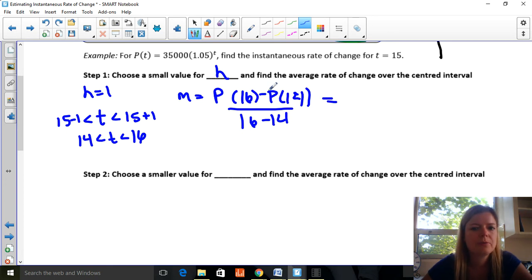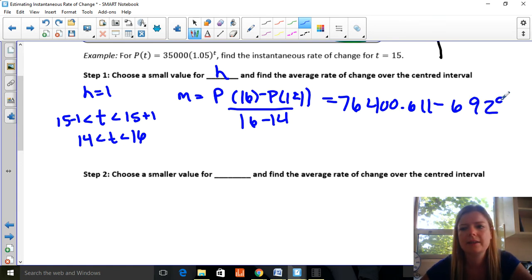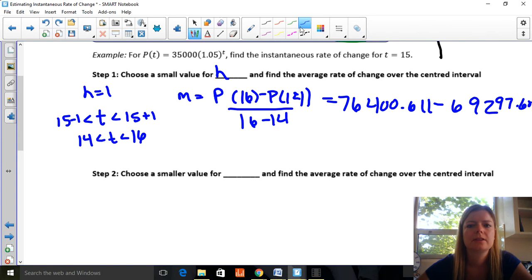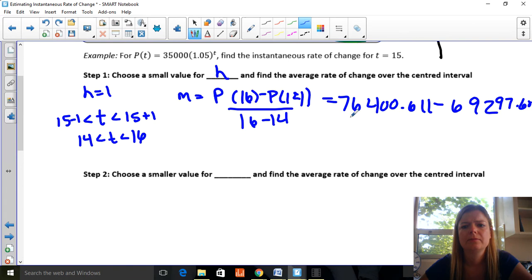When you put that into the function on the calculator, you get 76,400.611 minus 69,297.606, divided by 2.